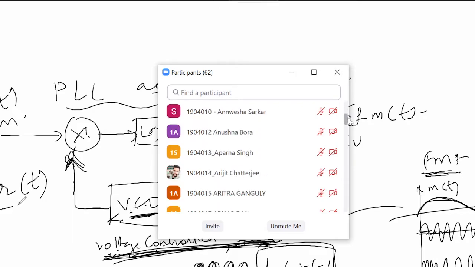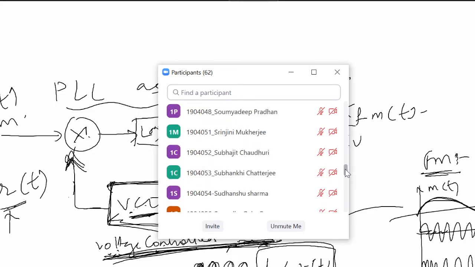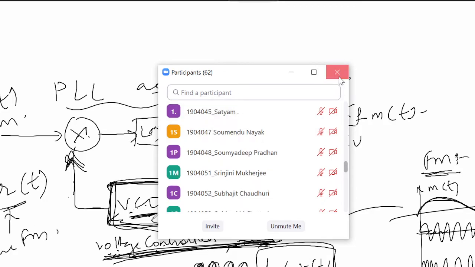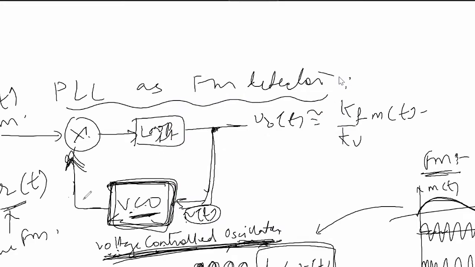That implies that the equation of the VCO is the same as the equation of FM, because the output frequency of this oscillator is controlled by the input voltage.